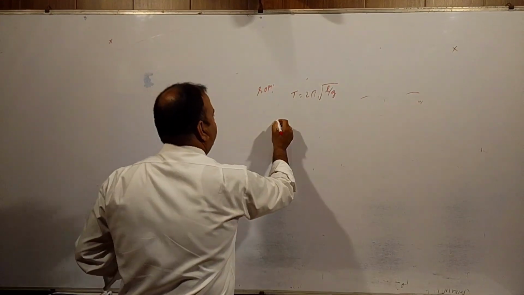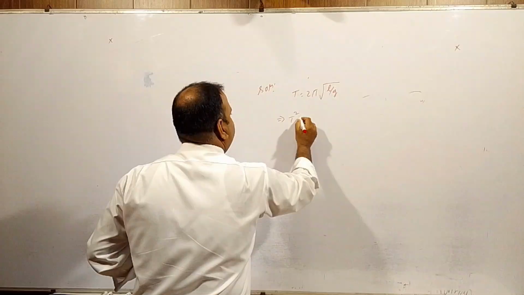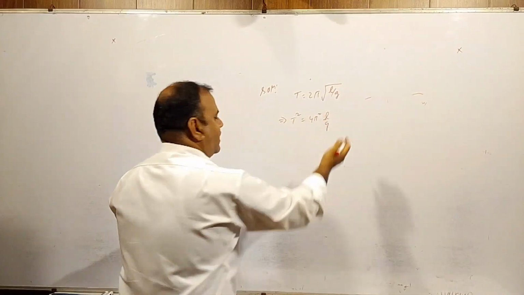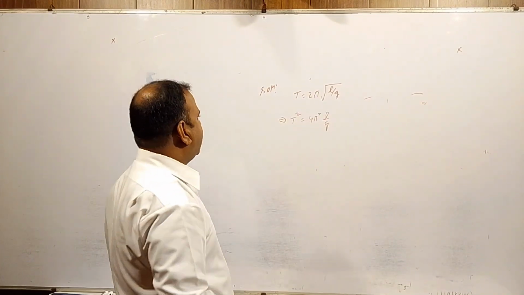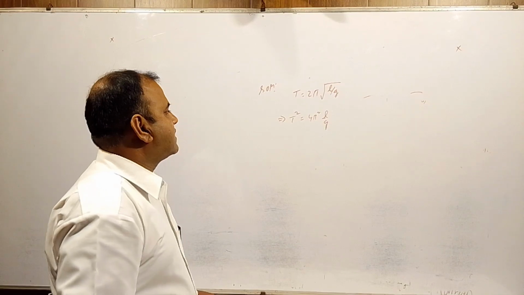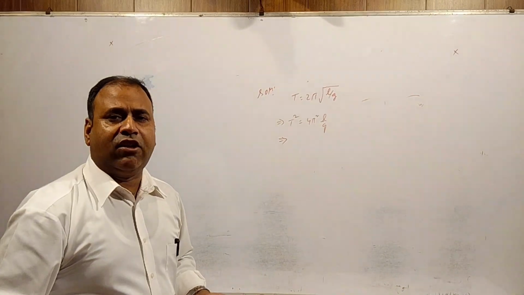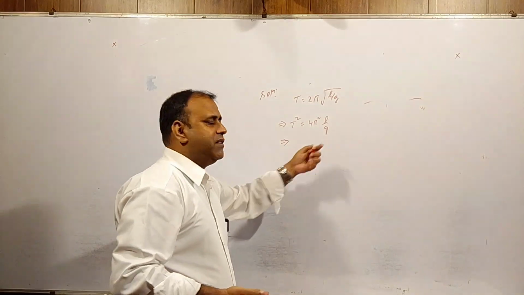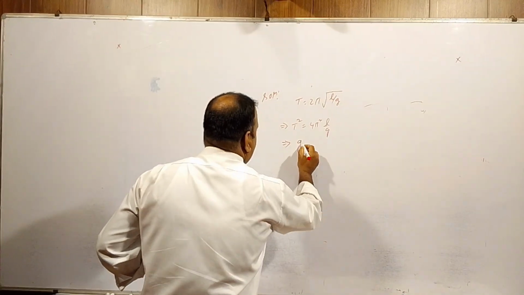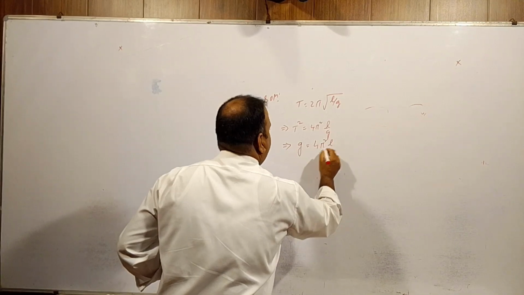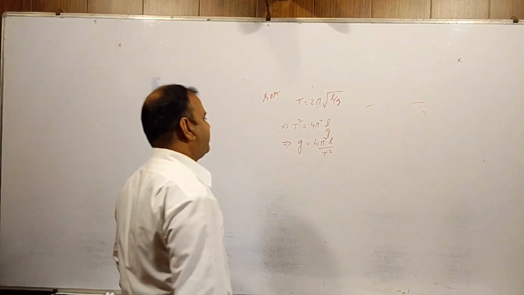After squaring both sides, we get T square is equal to 4 pi square L by Z. Our target is to calculate the percentage error in acceleration due to gravity, so Z will come on the left side: Z is equal to 4 pi square L by T square.